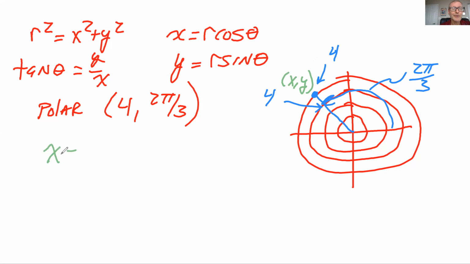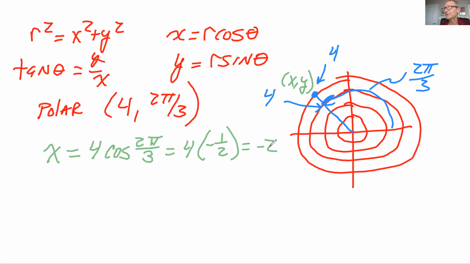Again, with our equation, let's plug in 4. r is 4, I don't need an r there. Then you end up with cosine of 2 pi over 3. You get out your calculator or the sheet, and if you do that calculation, you get x equals -2. It should feel right because you know you're in quadrant 2.